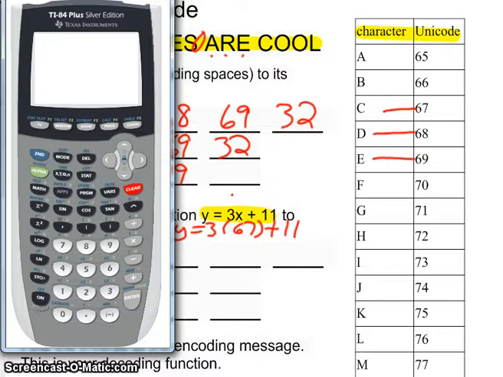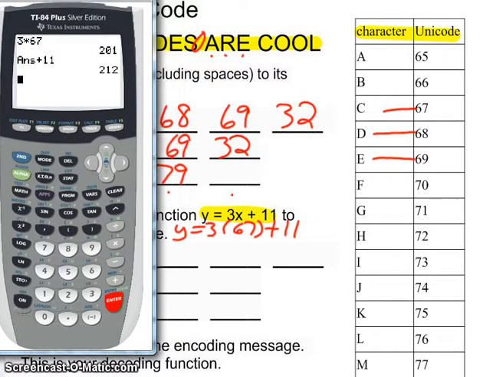I'm doing my multiplication first. 3 times 67 is 201, and then I'm going to add 11. So 212 is the value that C becomes when I encode a C.